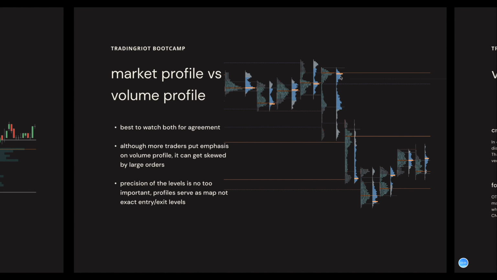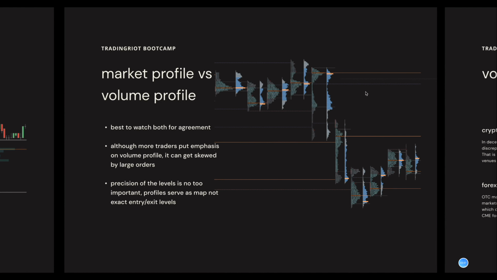For example, let's say the market is spending the whole day here, this is where your value is, where your main distribution is, but then when it trades to the upside, someone opens a massive position in this market, and the position would be so huge that it would move the point of control to the upside.